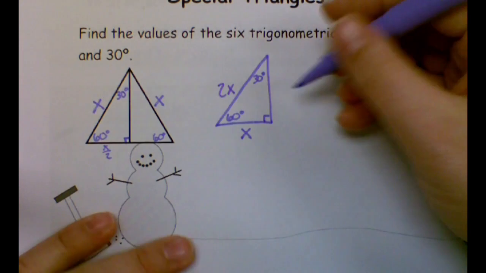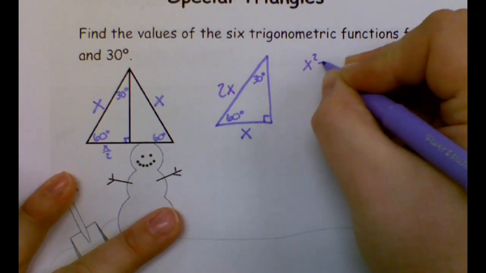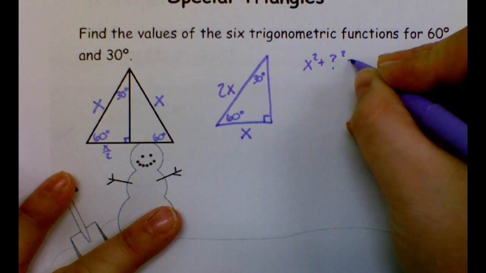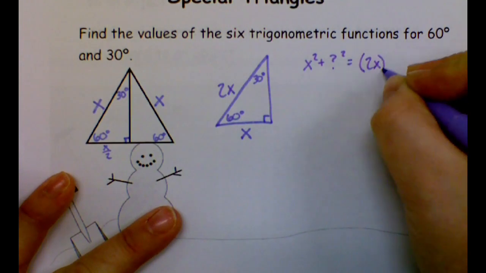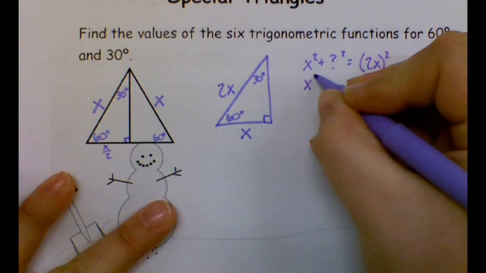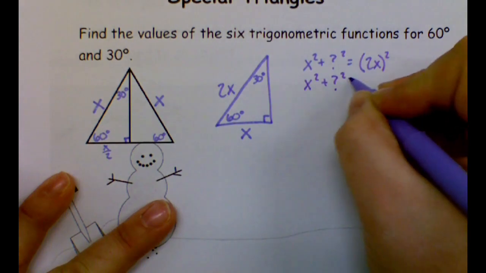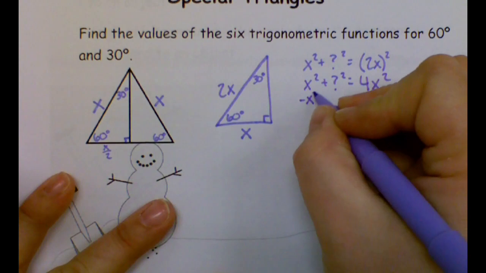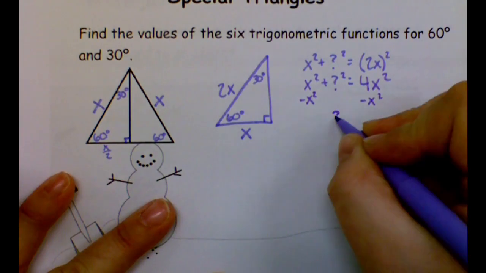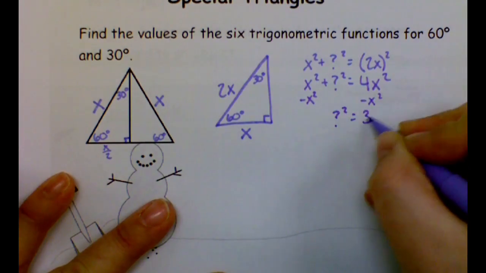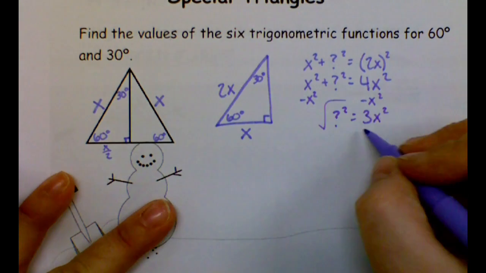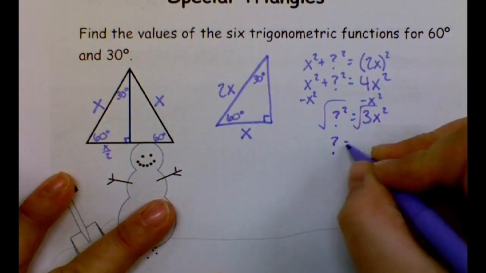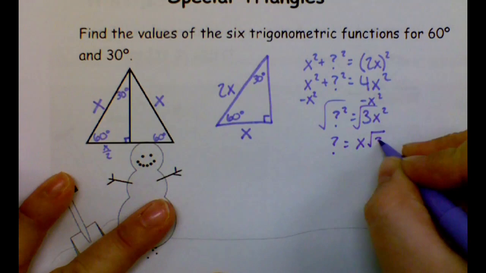To find this missing side, x squared plus question mark squared equals 2x squared. So x squared plus question mark squared equals 4x squared. Subtract an x squared. My question mark squared is 3x squared. Square root both sides. And the question mark is x square root 3.